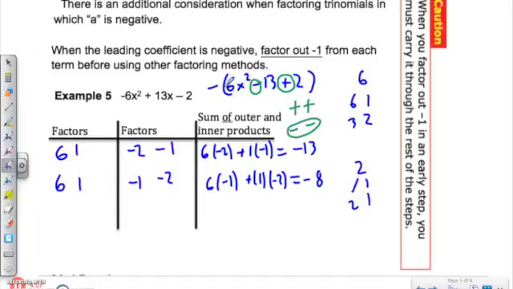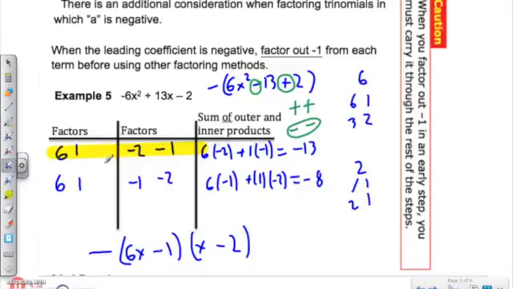Now, remember, at the very beginning we factored out a negative. So I'm going to make sure I put that negative at the very beginning before I do anything else. Now, the factors that we used was this set here. So when we broke it down, we had a 6x and a 1x. We multiplied the 6 times negative 2, so negative 2 goes in the opposite set of parentheses.